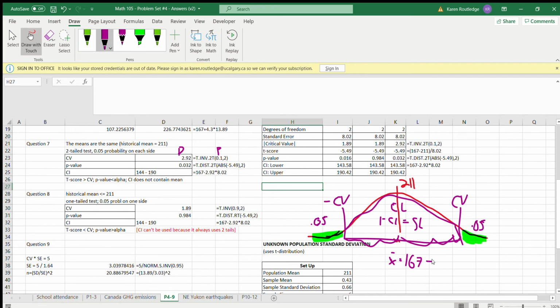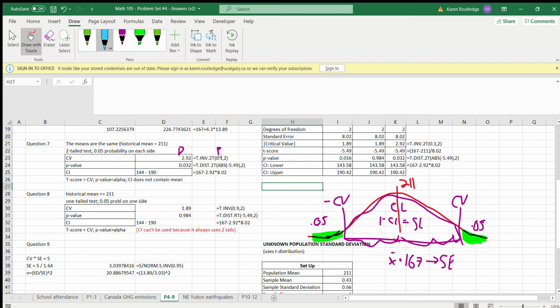So we need to convert our sample mean into standard error units. Once we do that, we will put another line that represents our sample mean, and if that sample mean is in this purple area, then we fail to reject the null hypothesis. If the sample mean falls in the rejection region, then we will reject the null hypothesis.